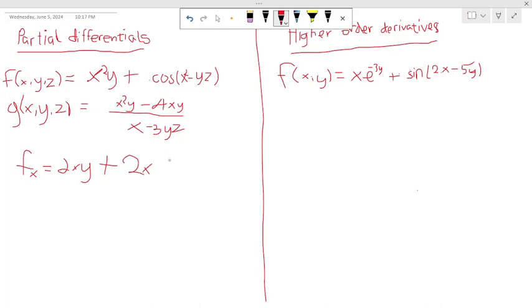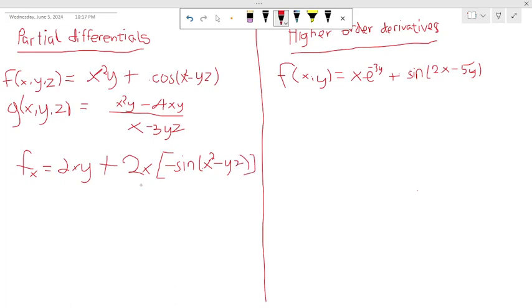Now we are differentiating the whole function. In differentiating the whole function, we get negative sine of our function, and our function is x squared minus yz.